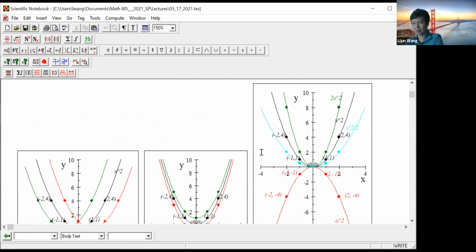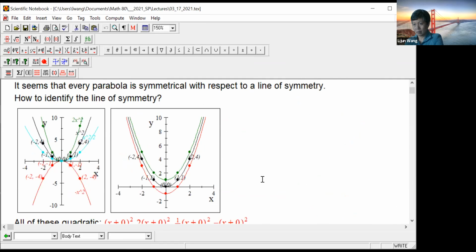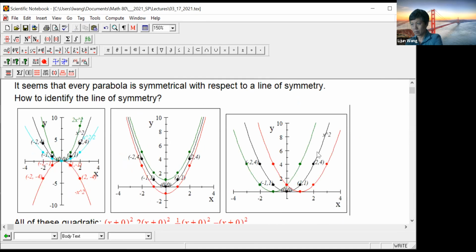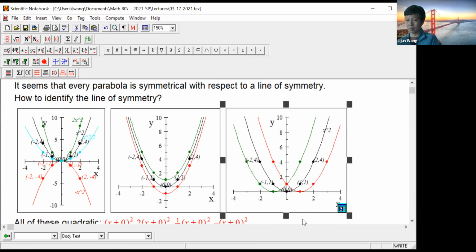Last but not least, what happened to these lines of symmetry? Obviously, we have different lines of symmetry now. In all of the previous cases, the line of symmetry was the same: the y-axis, which is x equals 0.